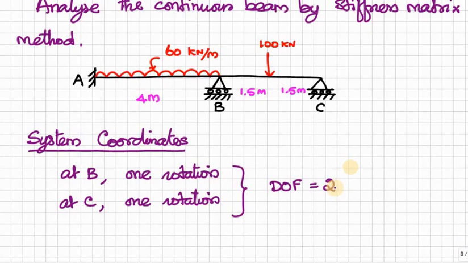At B, along the rotation, usually we assume positive rotation, that is clockwise. Therefore, in the clockwise direction, we assign system coordinate 1. At C, along the clockwise direction, we assign system coordinate 2.